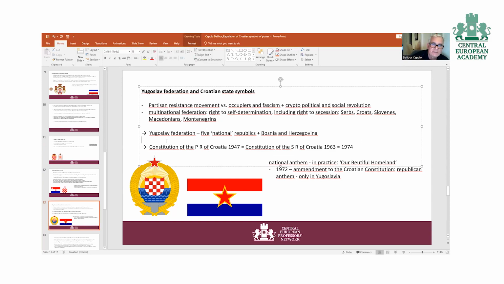Because of that, the Croatian Republic was, just as other republics, proclaimed as a state, and it had its own constitution. And what is interesting is that the Constitution of the People's Republic of Croatia and the constitutions of Croatia of 1963 and 1974 had the same outlook of the Croatian coat of arms.